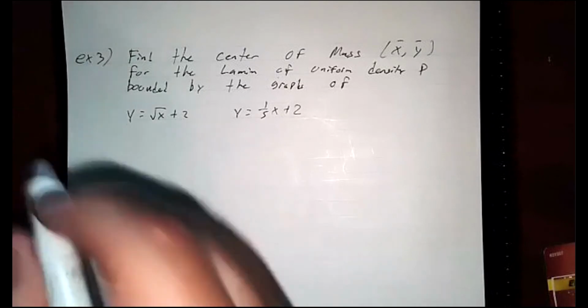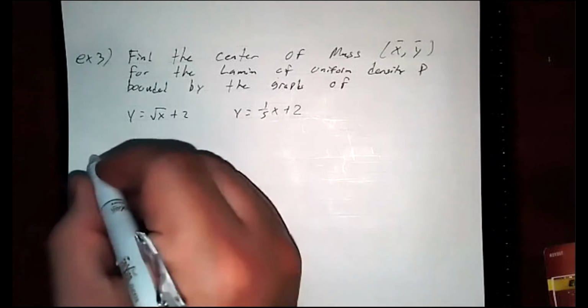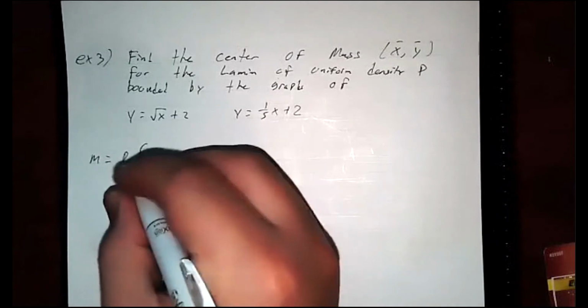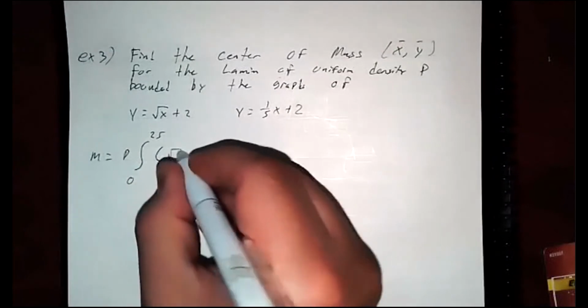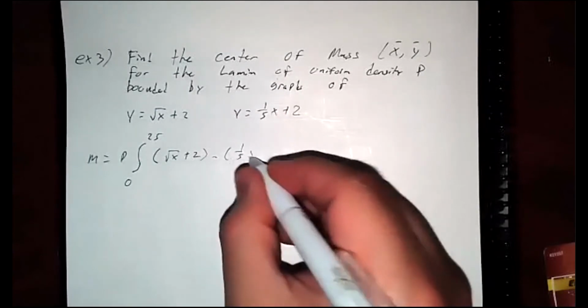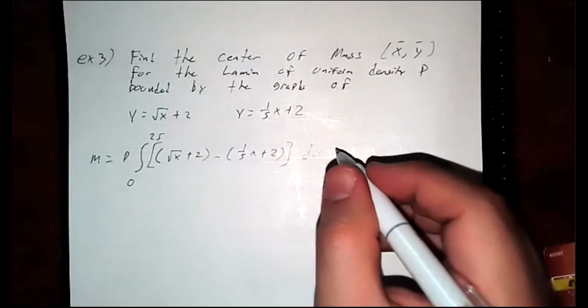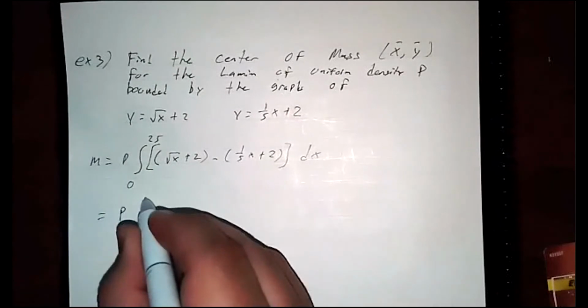Okay. So the first thing we do is find the total mass, which is equal to P times the integral 0 to 25 of the top function minus the bottom function. So find this integral. That'll give us some number times P. Let's go ahead and do it. P times something.